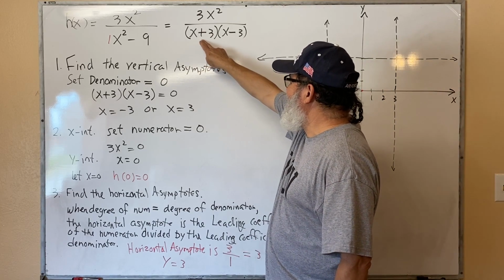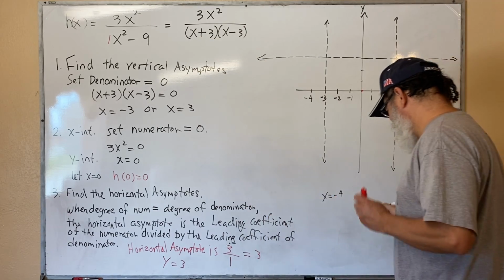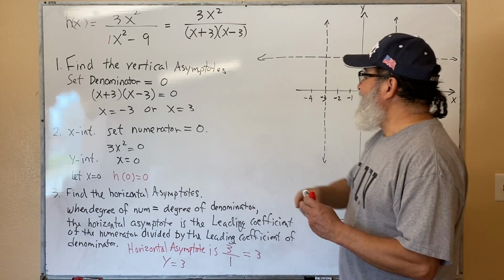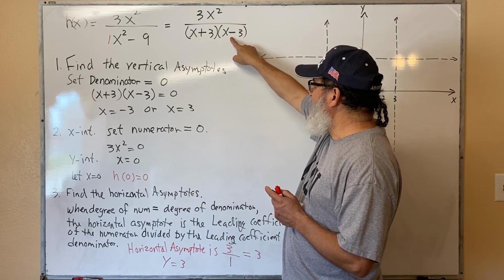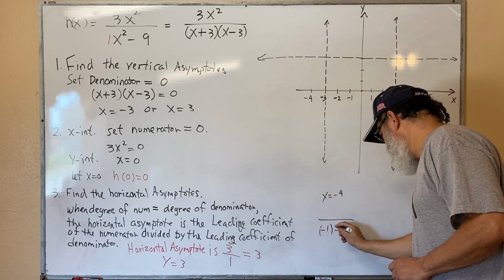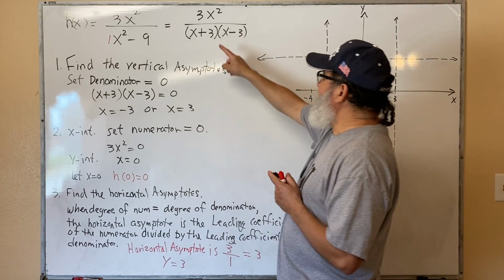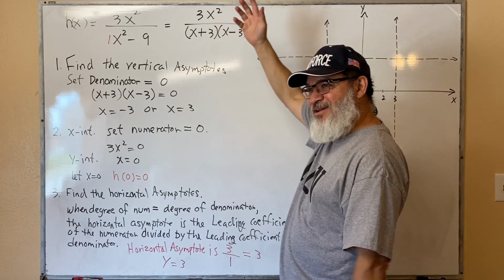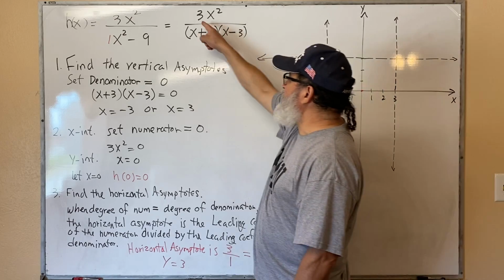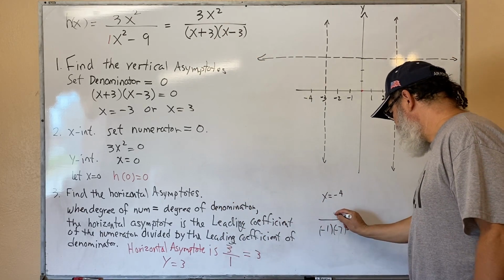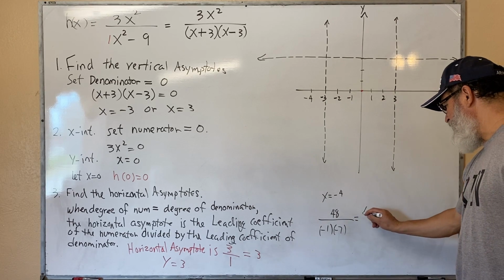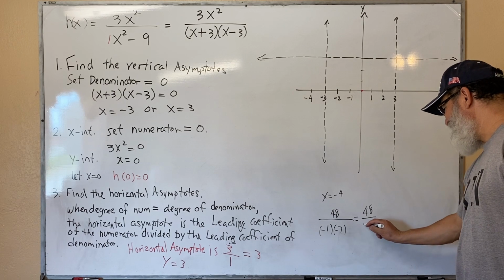That's -1, that's -7, that's 16. And 16 times 3 is 48. So this is 48 divided by 7.